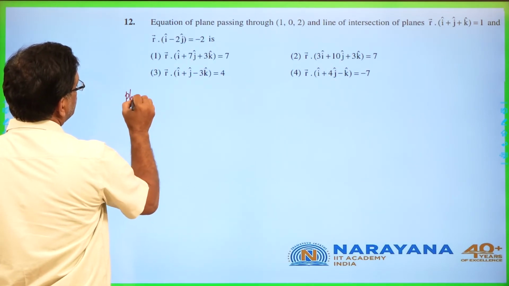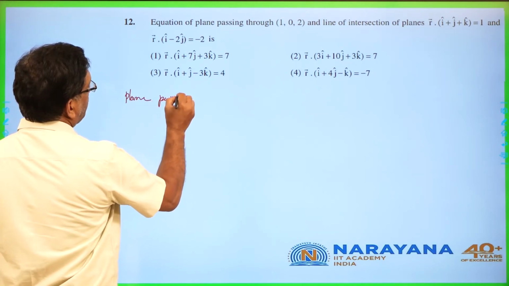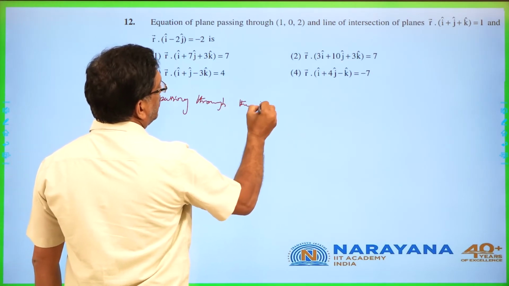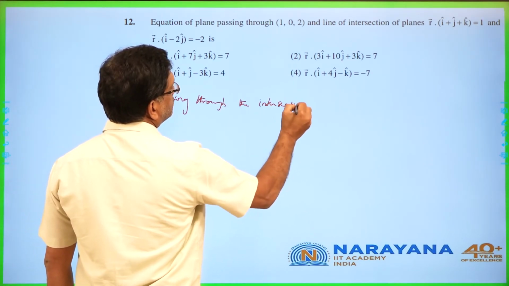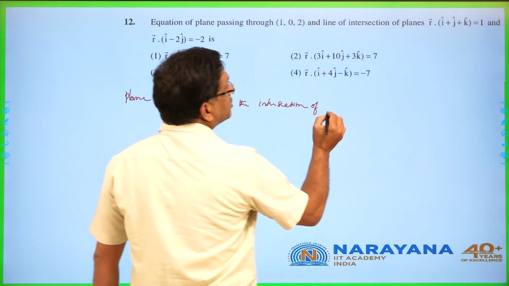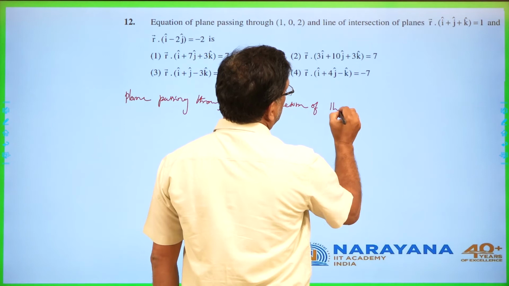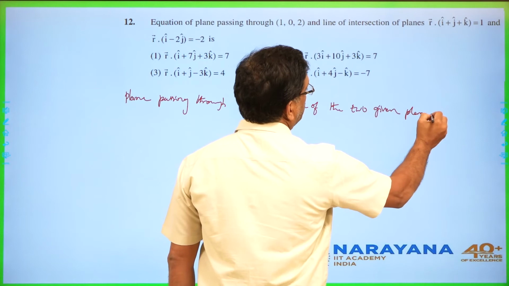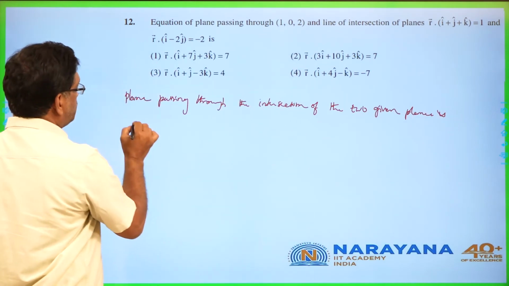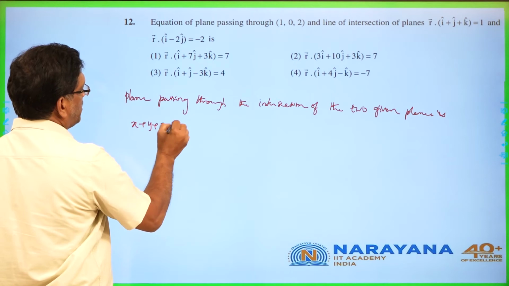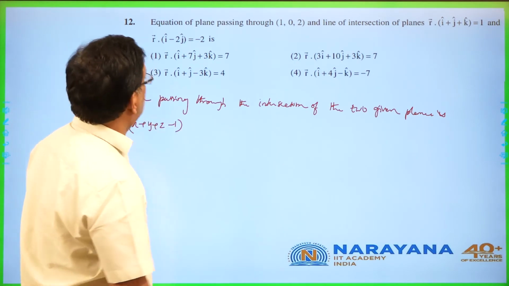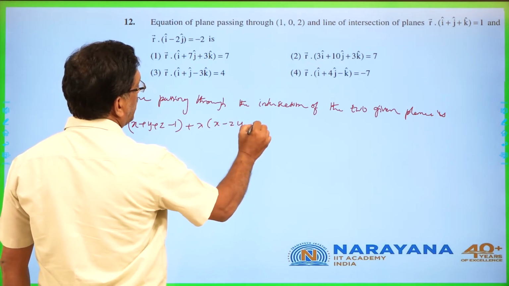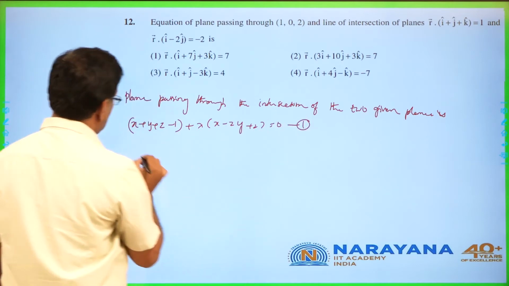Plane passing through the intersection of the two given planes is, what is the first plane? x plus y plus z minus 1 plus lambda into x minus 2y plus 2 equal to 0.